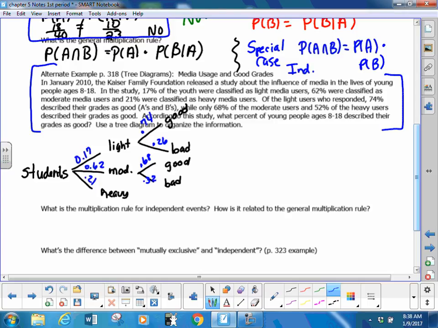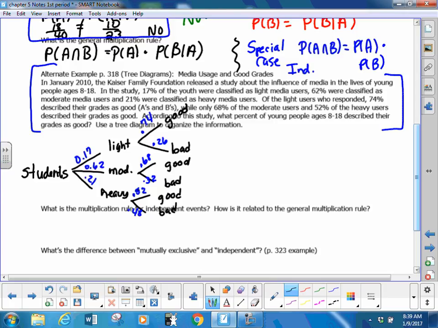And then for the heavy, 52% said their grades were good. And 48% bad. And you will probably have to make a tree diagram. That will be one that I give to you and ask you to interpret.